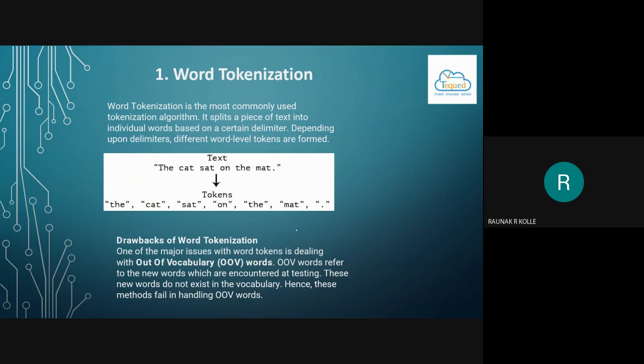Now, we remember watching the movie Three Idiots, in which there is a word called... Remember this word in the movie?